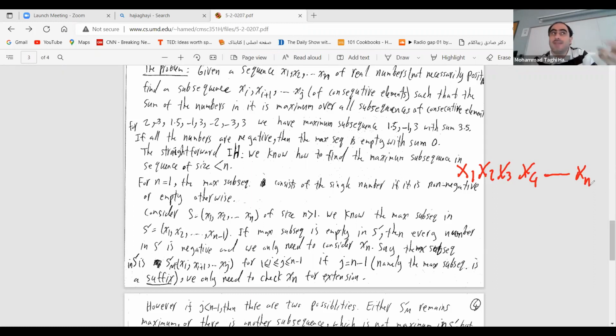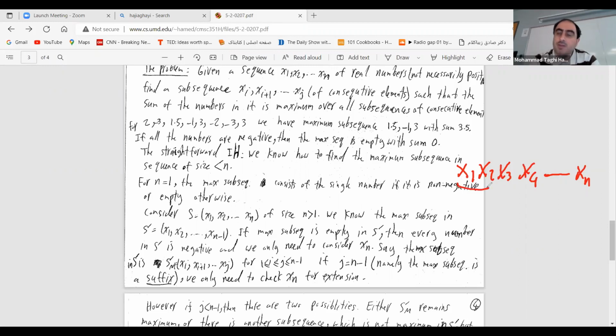Just see whether that number is positive or 0, then we can report that number. If that number is negative, then the solution would be just empty, like null essentially, because 0 is better than that. Good. Now, let's go for x1 to x2.